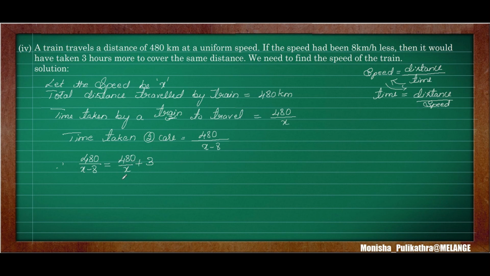So 480 by x minus 8, I will take this term to this side: 480 by x minus 8 minus 480 by x is equal to 3. Here the LCM is x into x minus 8. By cross multiplication, 480x minus 480 into x minus 8 is equal to 3.